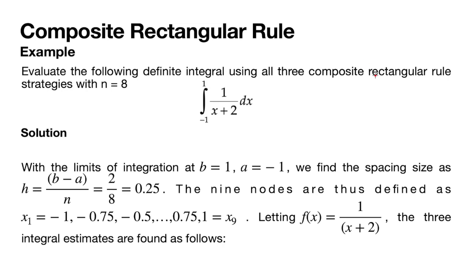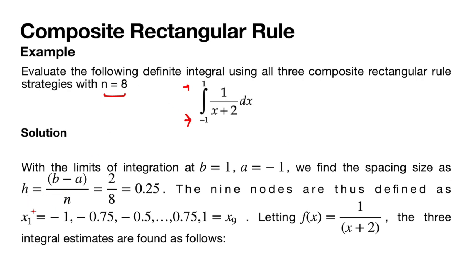So this is an example. Evaluate the following definite integral using all three composite rectangular rule strategies, with n equal to 8, so we have to divide into 8 subintervals. You can see that we have to move from -1 to 1, so b is 1 and a is -1, and we have to find the spacing as we divide it into 8 subintervals.